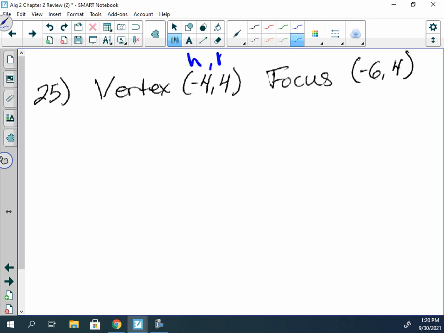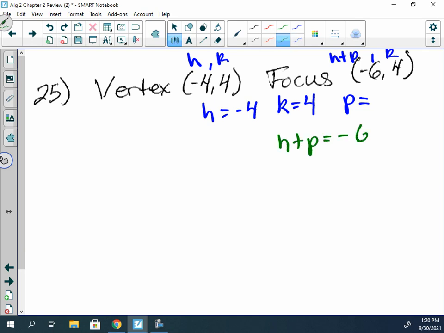Because we have h comma k, here we have h plus p comma k. So h we know is -4. K is 4. We want to find the value of p. Because we know that h plus p is equal to -6.